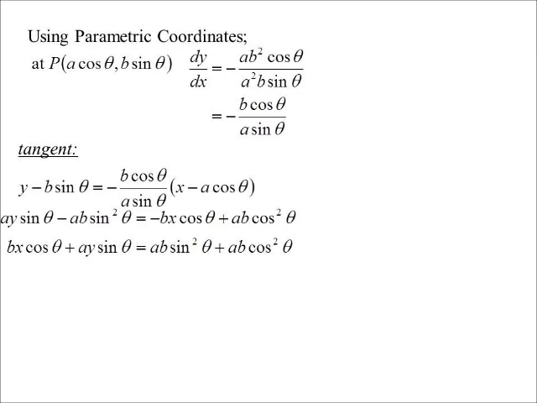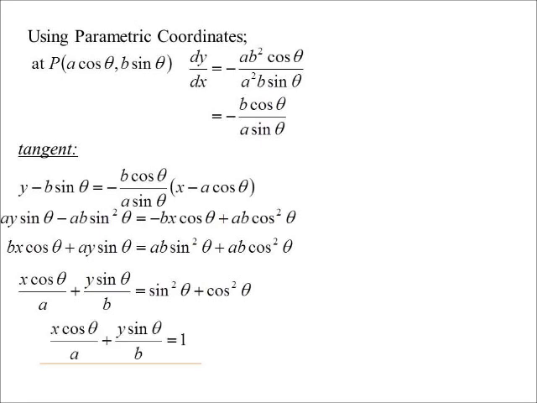And you'll see why I didn't bother making it cotan, because I now end up on the right hand side with a lot of sine squareds and cos squareds. And sine squared plus cos squared is 1. So on the right hand side I just have ab, but I'll divide by the ab, and I get x cos theta on a plus y sin theta on b is equal to sine squared plus cos squared, which is 1.